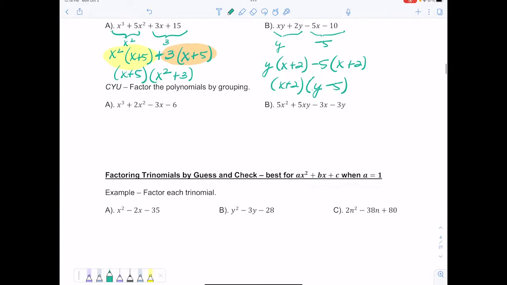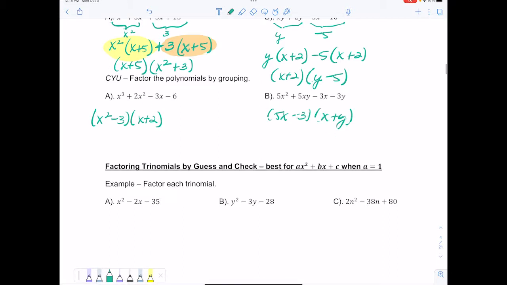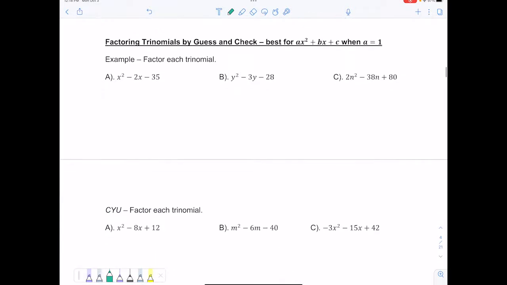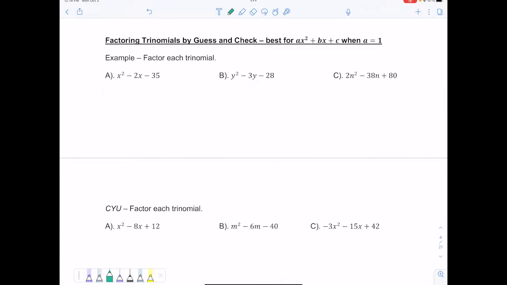You can practice these next two on your own, and you would get the following answers. Okay, now we're going to look at two special cases. We're going to look at factoring trinomials by a method called guess and check.